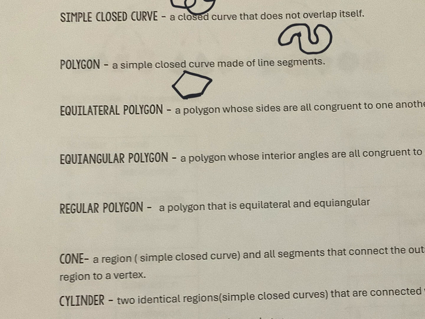Okay, an equilateral polygon is a polygon where all the sides are congruent to one another. An equiangular polygon, I'm just using triangles because they're easy to draw, is one where all the angles are congruent. Right, so that's usually how congruent angles are marked, with those little loops.